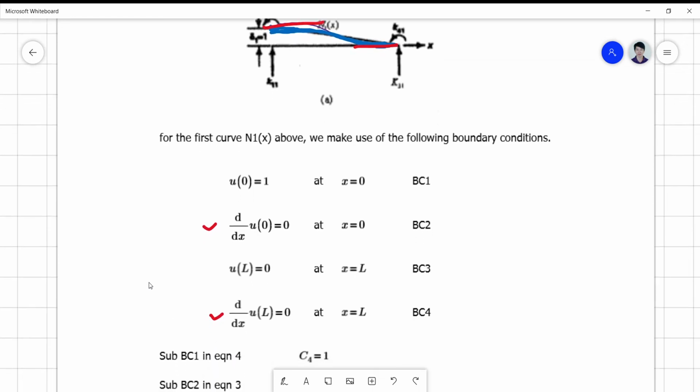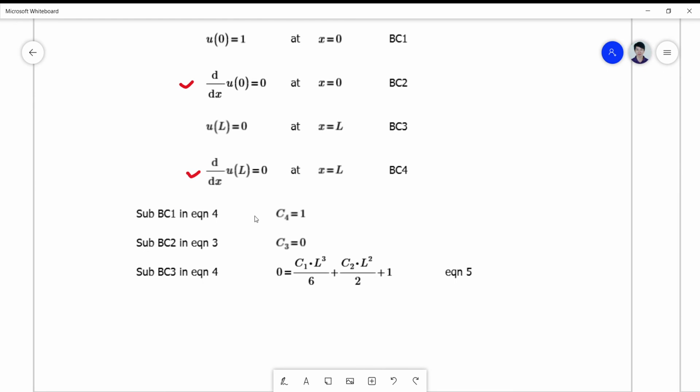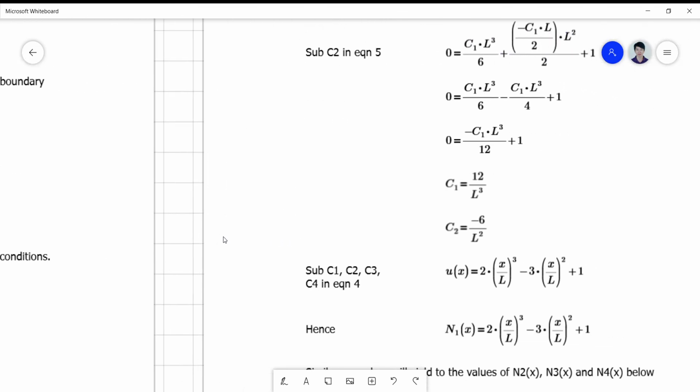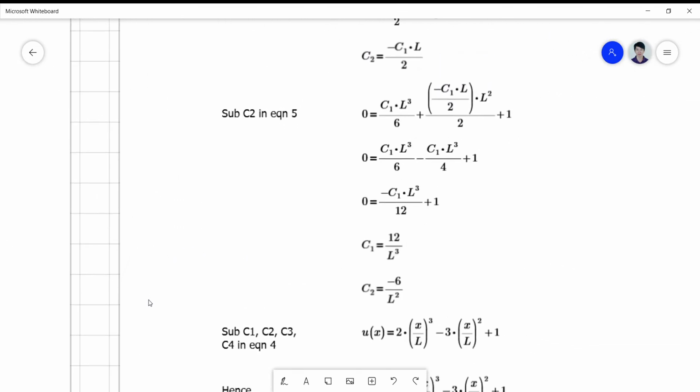Okay, if we substitute boundary condition 1 in equation 4, we get c4 equals 1. And if we substitute boundary condition 2 in equation 3, we get c3 equals 0. So these are the equations.